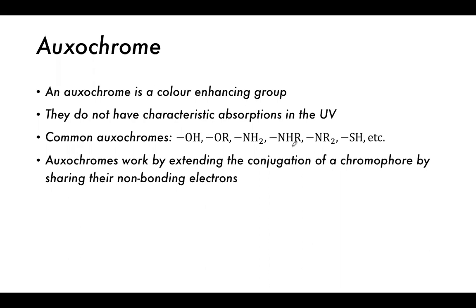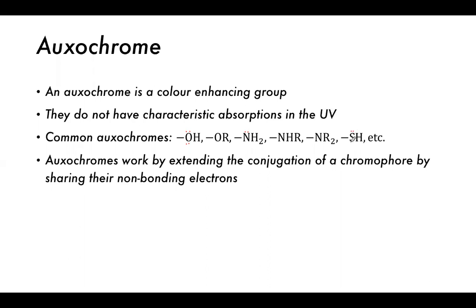So oxychromes work by extending the conjugation of a chromophore by sharing their non-bonding electrons. Typically these all have lone pairs. For example, oxygen here has lone pairs on it. Same here with ether. The nitrogen often has a lone pair. And so all of these have lone pairs on the nitrogen, and sulfur also has lone pairs.